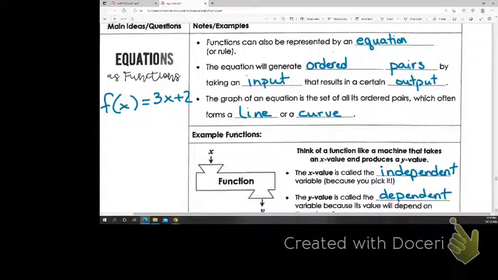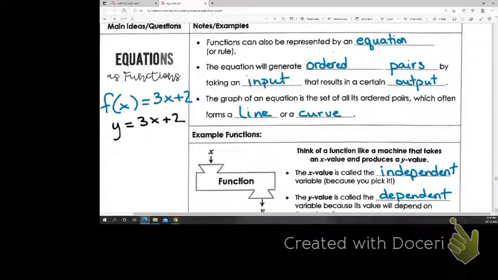The numbers that we put in for x are the inputs, and the answers we get are the outputs. So f of x is the same thing as if I just wrote y is equal to 3x plus 2. So the output is another name for the y.